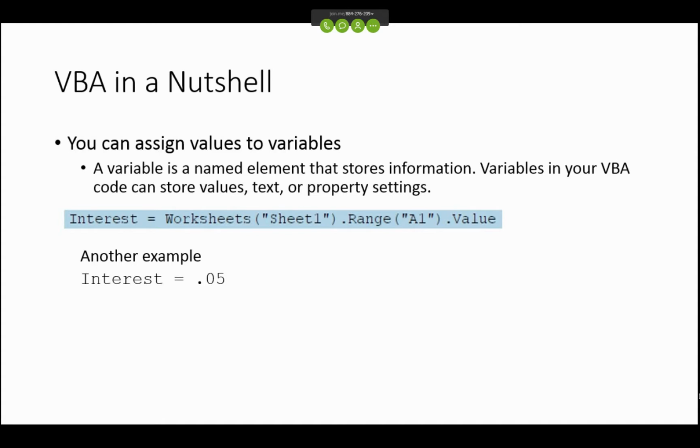Or another way, I could just say interest is equal to 0.05. Or I can take the value of this cell and make that the interest. So this is a variable called interest. I haven't explained variables much, but you can create variables that store values, text, and property settings like value.